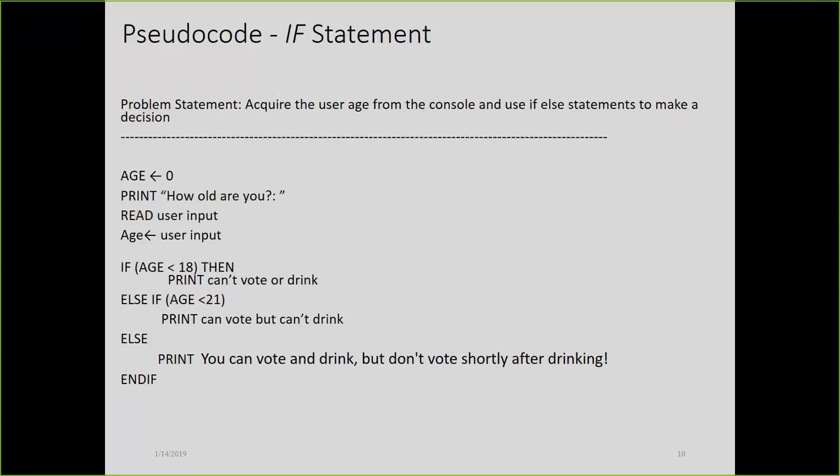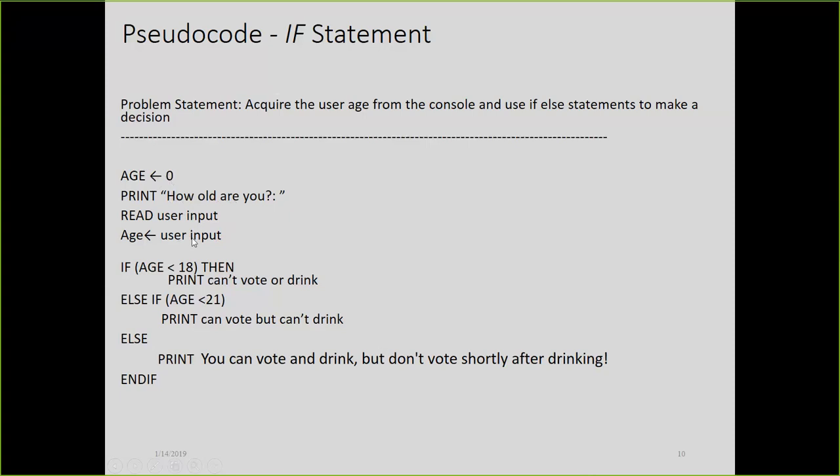Okay, so here there is a pseudocode. This is about if and else conditions. If is used for conditional statements. So in this code, initially you are assigning age equal to 0, then it gives a prompt, how old are you, then you read your input.